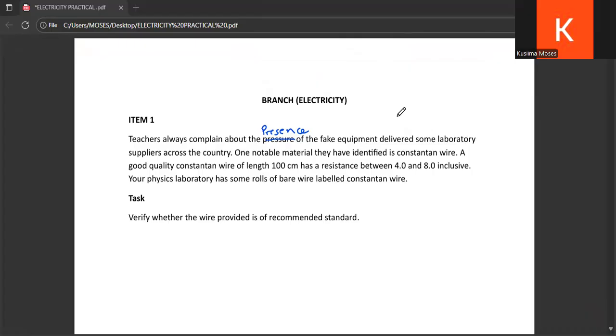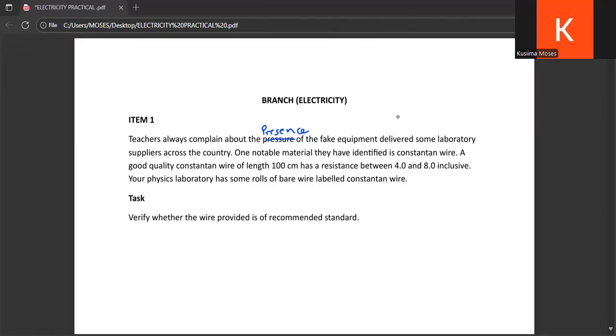Teachers always complain about the presence of fake equipment delivered by some laboratory suppliers across the country. One notable material they have identified is a Constantan wire. A good quality Constantan wire of length 100 centimeters has a resistance between 4.0 ohms and 80 ohms inclusive.